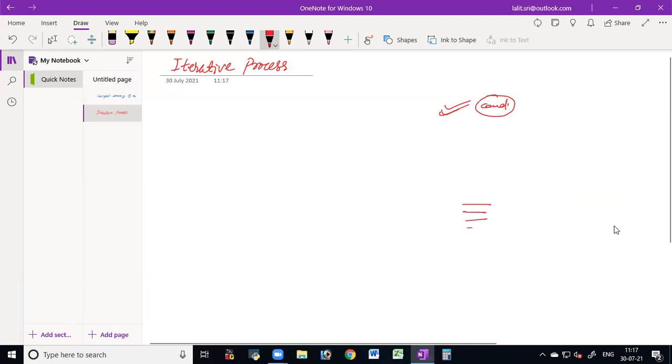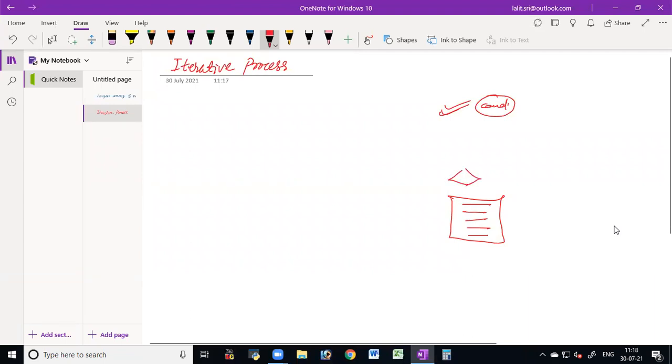Suppose these five statements, these five steps, I make as a block. They will be executed repeatedly under a condition.